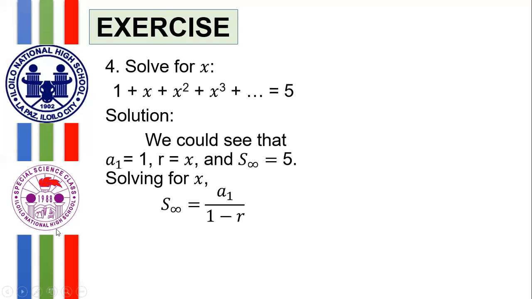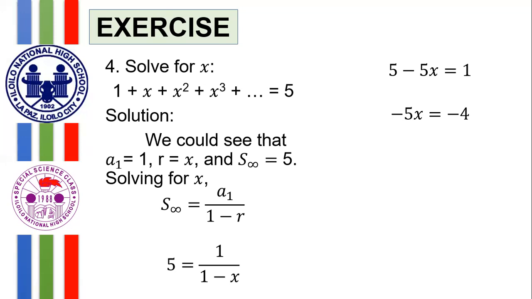Solving for x, S sub infinity equals a sub 1 all over 1 minus r. S sub infinity will be substituted by 5, and a sub 1 will be substituted by 1. This gives us 5 equals 1 all over 1 minus x. Multiplying both sides by 1 minus x to clear fractions, we have 5 times 1, 5, and 5 times negative x, negative 5x, equals 1.